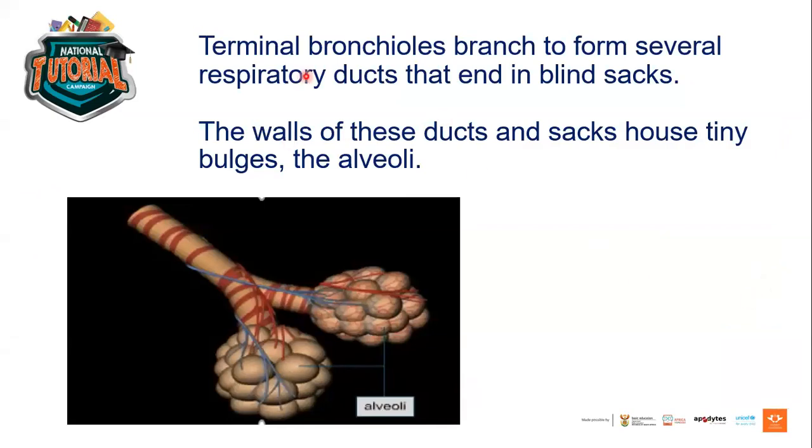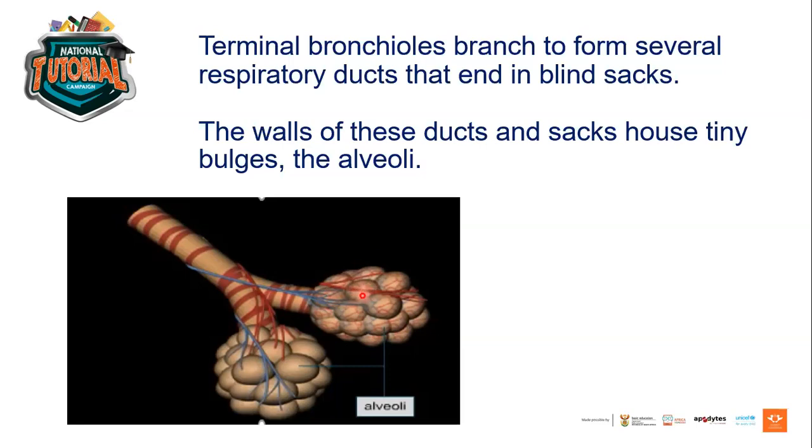And then these terminal bronchioles keep on branching off into smaller and smaller components. They branch to form several respiratory ducts. The respiratory ducts end in blind sacs, and at the walls of these ducts and sacs, there are tiny bulges.